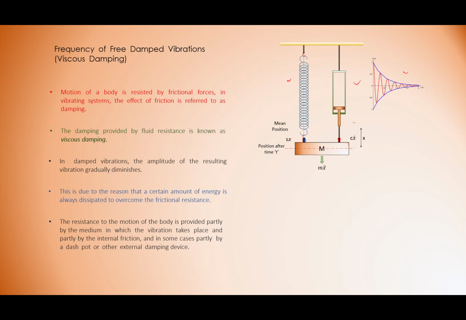So the mass is moving downwards, and the damping force acting on the damper will be acting upwards. You have both forces acting upwards, that is the spring force and the damping force, but the inertial force is acting downwards.